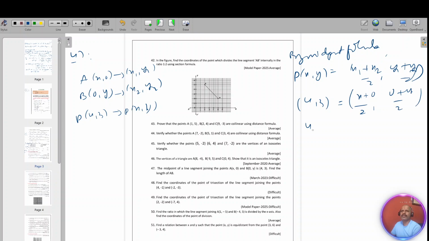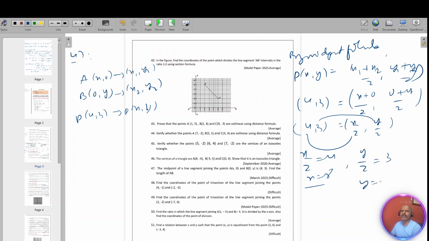So this becomes 4 comma 3 equal to x by 2 and y by 2. Equate these two, get the values. That is x by 2 equal to 4, x equal to 8, y by 2 equal to 3, y equal to 6. So what values they want is x and y.